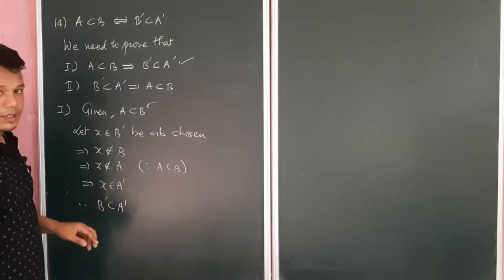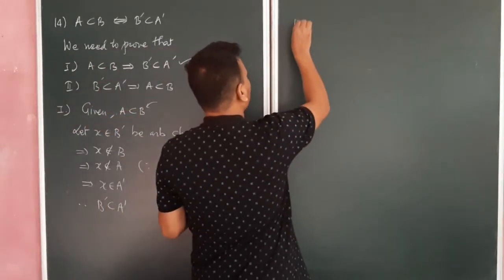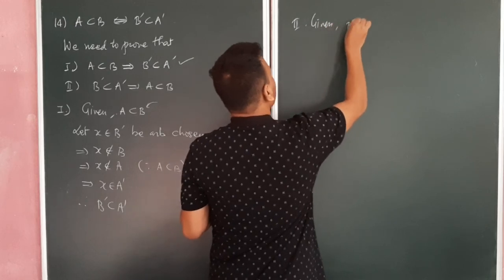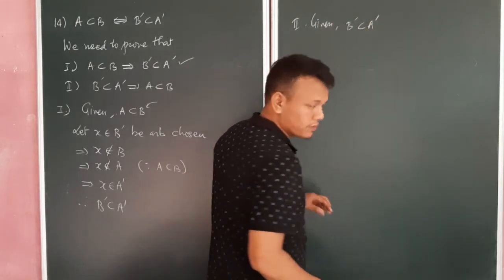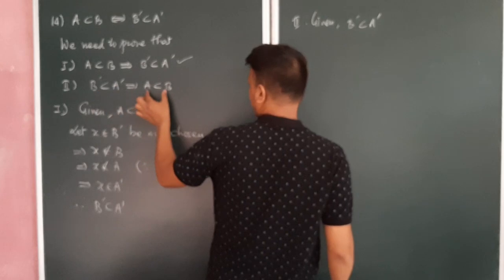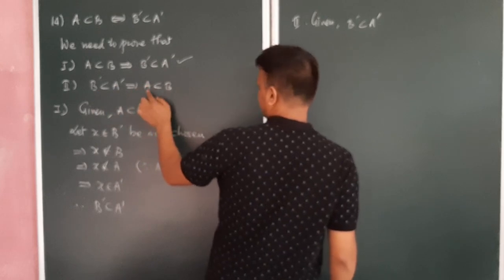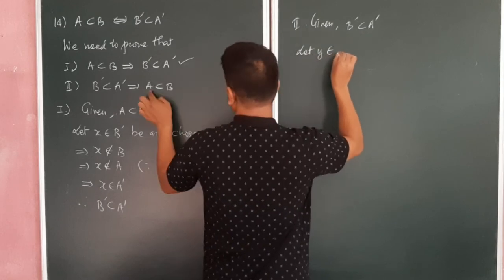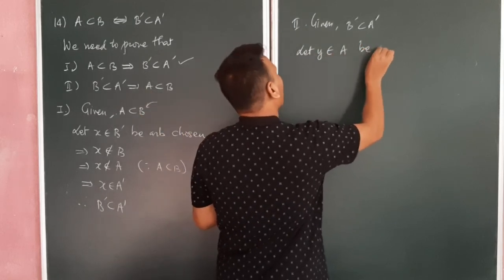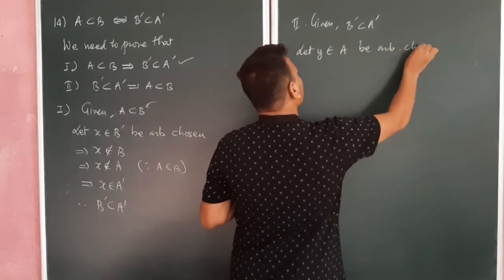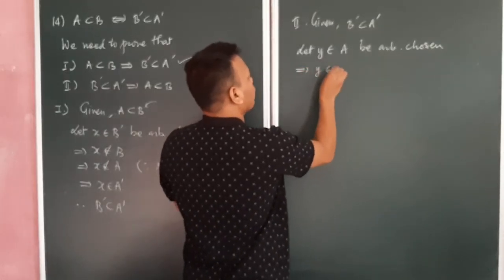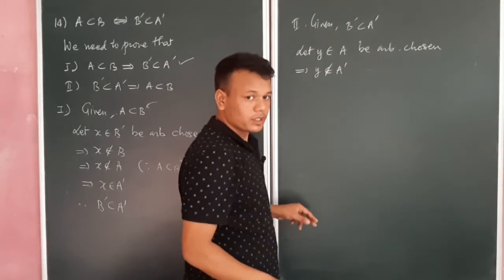Okay. So let's see the second part. In the second part, given is B dash is a subset of A dash. Yes. So we need to prove this, and we'll choose one random element from A. So let Y belong to A be arbitrarily chosen. Alright. Now if Y belongs to A, then Y will not belong to A dash, isn't it?